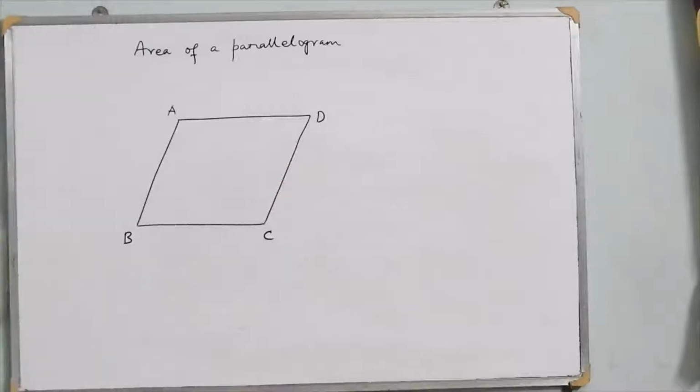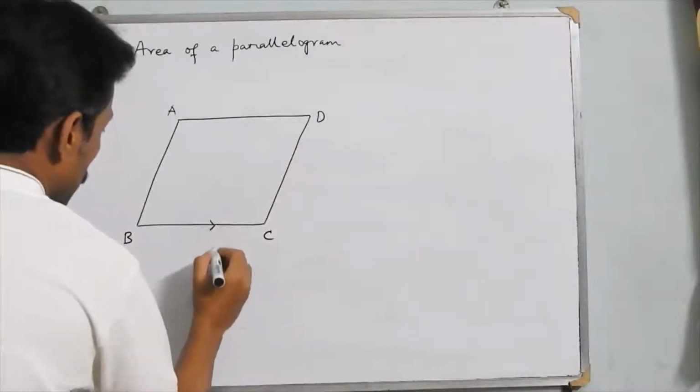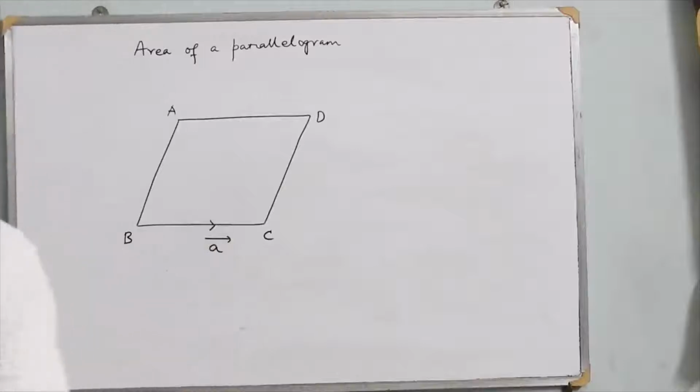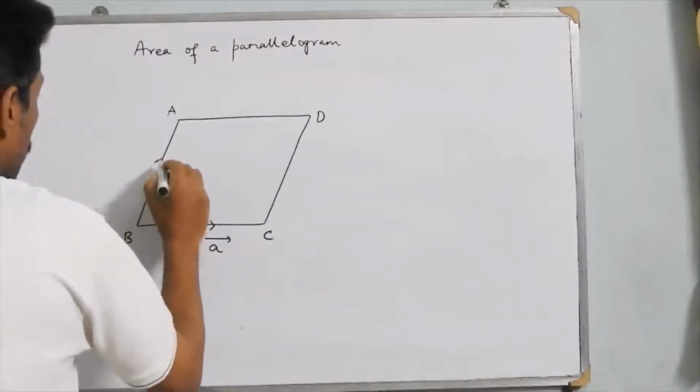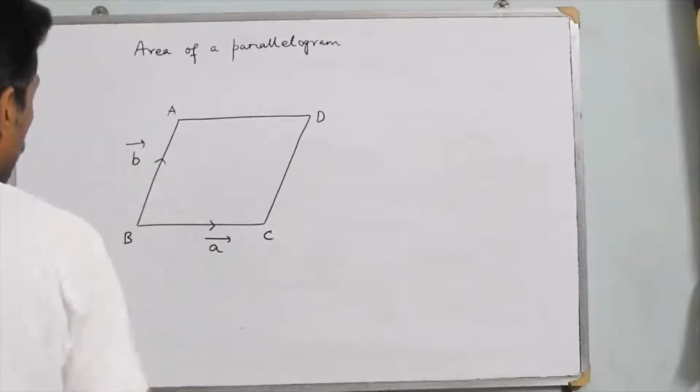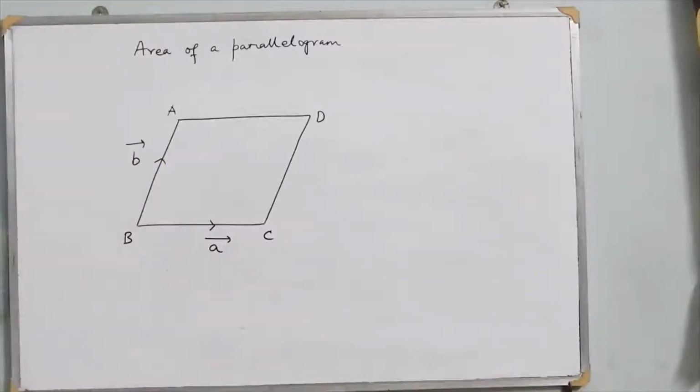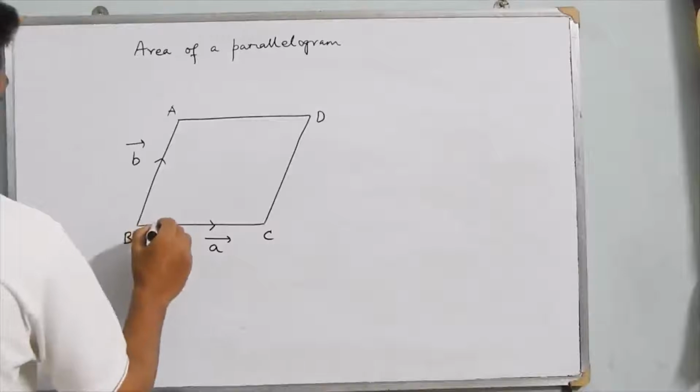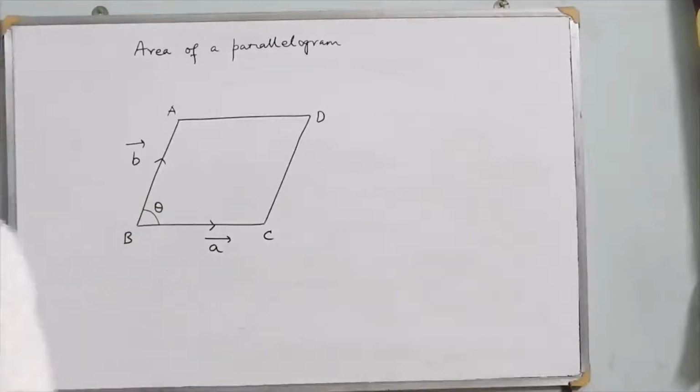Its adjacent sides, BC is represented by A vector and the side AB is represented by B vector. The angle between A vector and B vector is theta.